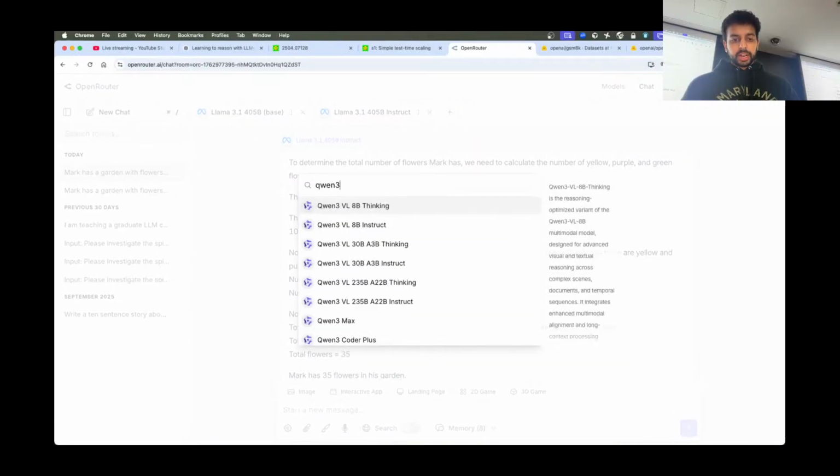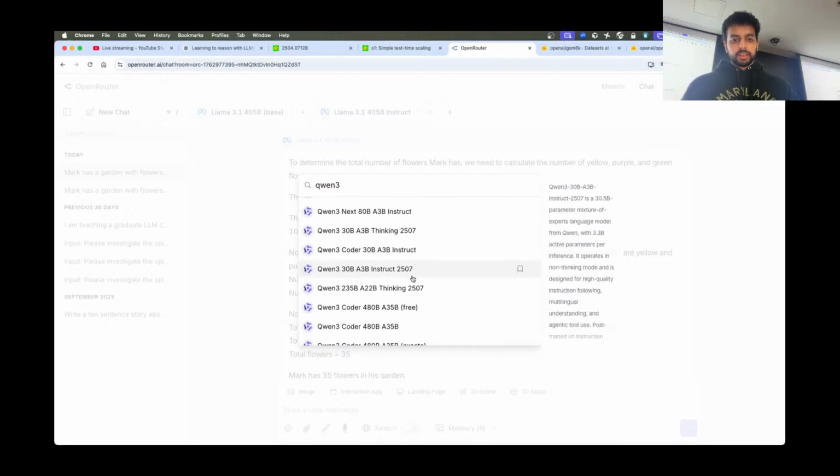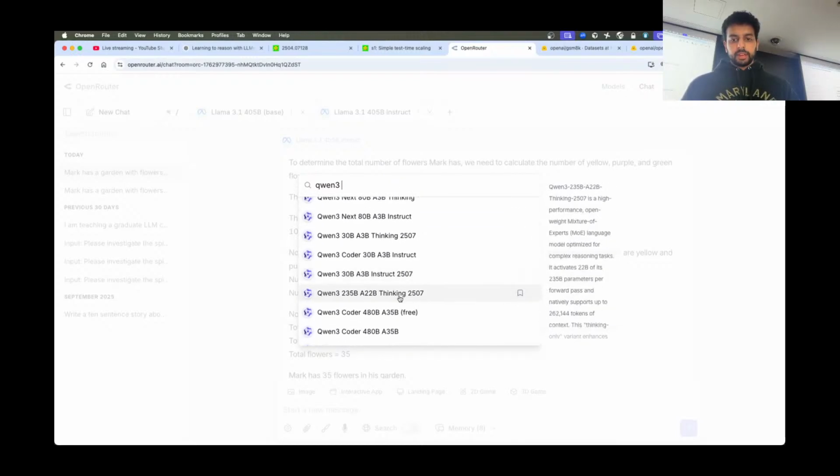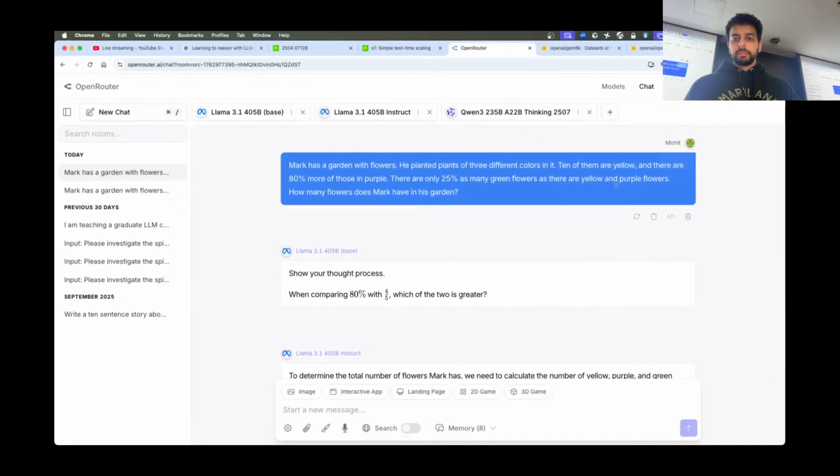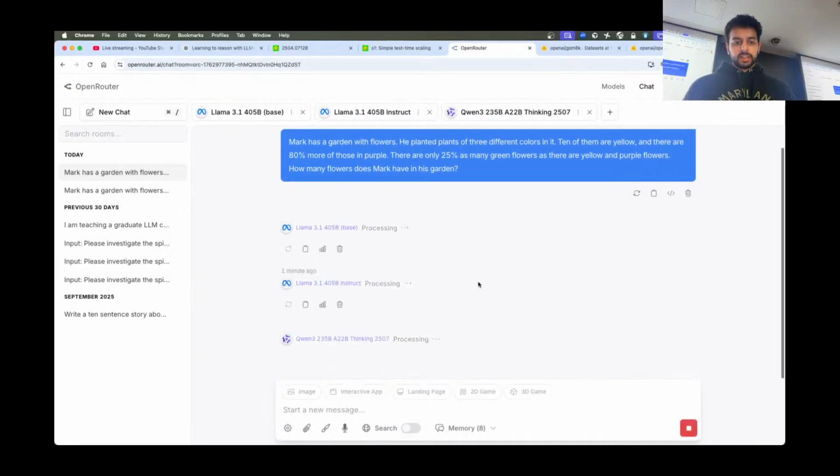Now we can try Qwen3. Maybe you can use a bigger one. Yeah, why don't we try this 200? Oh, wow, they have a 480B. All right, let's try this 235 billion parameter model here.